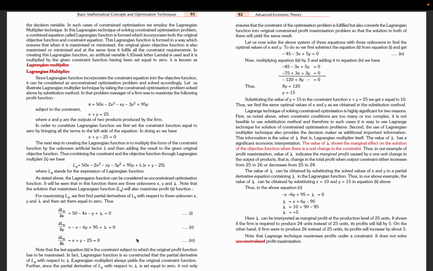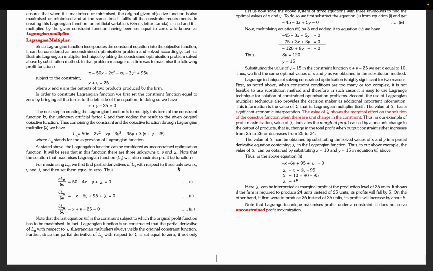Now coming to the solving, let us solve the above system of three equations with three unknowns to find the optimal value of x and y. To do that, we can first subtract equation 2 from 1. Now you can simplify this as you want. These are all set equal to 0.